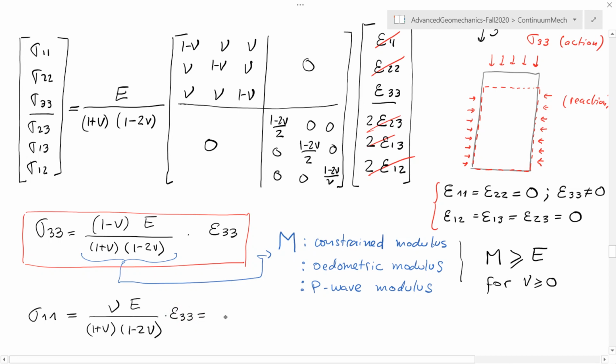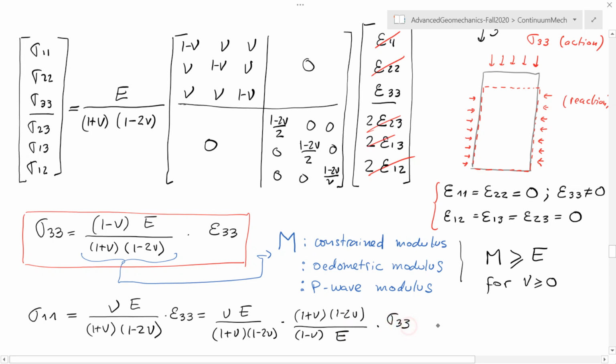But notice that we can get epsilon 33 from the previous equation. So this is going to be what I had before, times epsilon 33, and now epsilon 33, if I solve for epsilon 33 in this equation and I put it in this one, is going to be the ratio of these two quantities, which I'm writing right now, minus Poisson ratio times sigma 33.